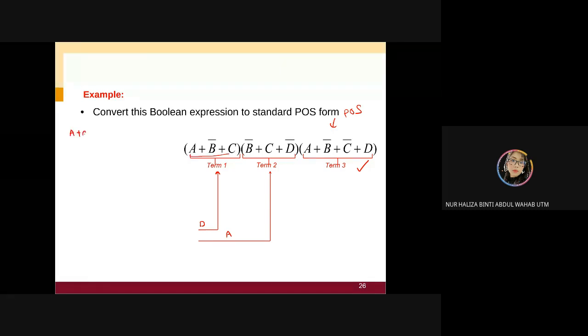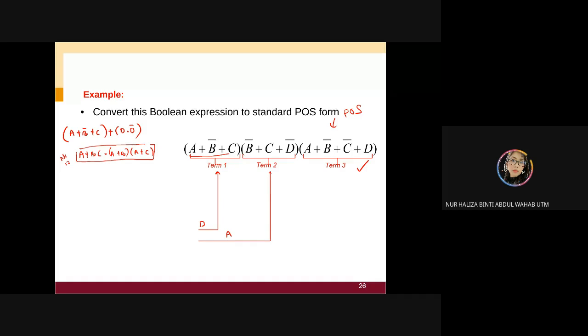A plus B bar plus C. I'm going to add with 0, which is D dot D bar. By getting this version, I'm going to apply A plus BC equivalent to A plus B, A plus C, my rule number 12.